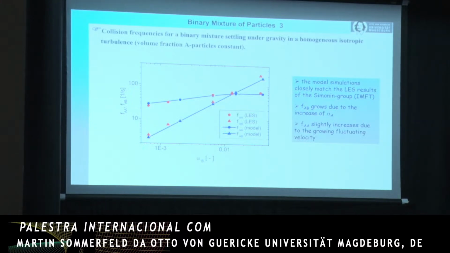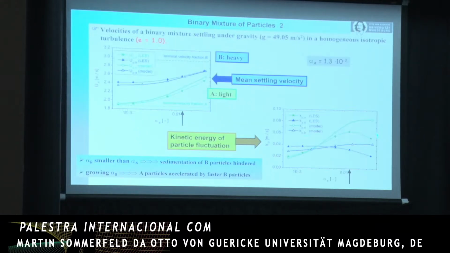And the blue one is our point particle simulation. And of course, FAB grows as the volume fraction of B particles is increasing. Then you also have a slight increase of AA, the collision frequency between A particles, mainly due to the increase of fluctuating velocity.